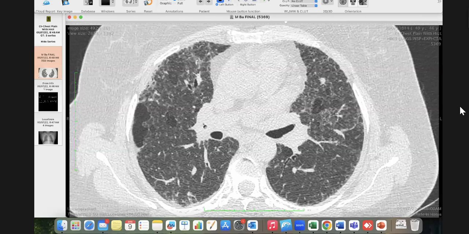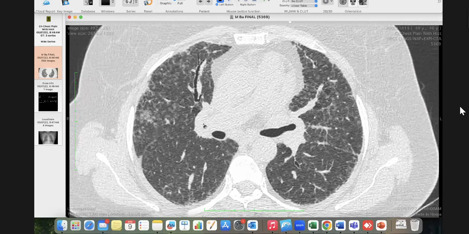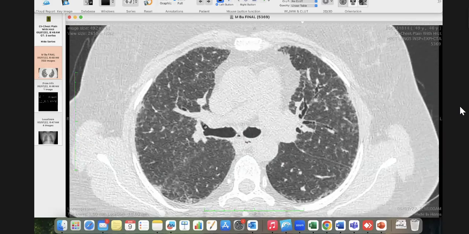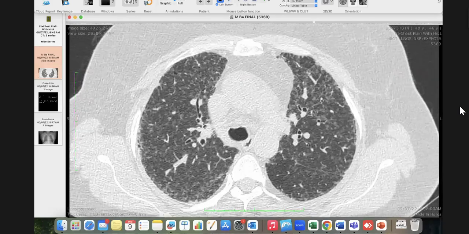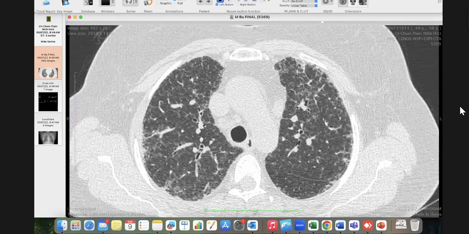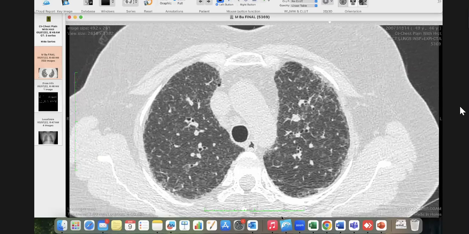When I find findings like this, I would not think in terms of NSIP or probable UIP. I will think, okay, maybe this is something else, and we need to rule out chronic hypersensitivity pneumonitis. It is a kind of a monster in this world of pigeon breeders and people who feed pigeons that we need to remember when we read the lung scans.